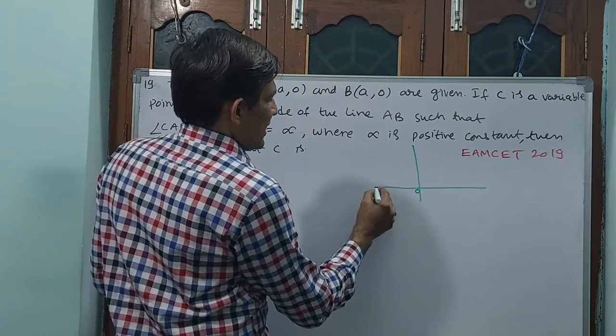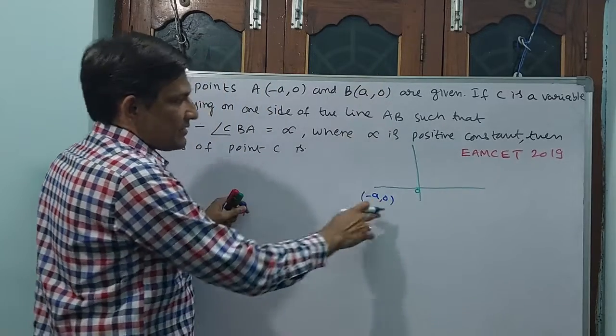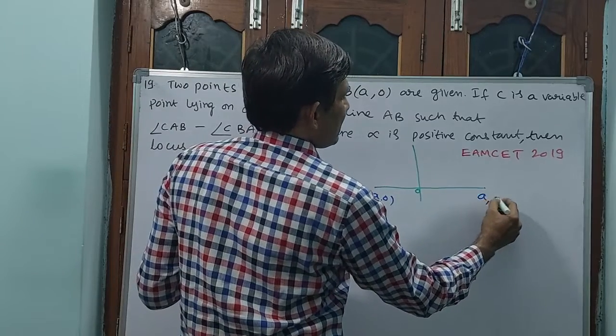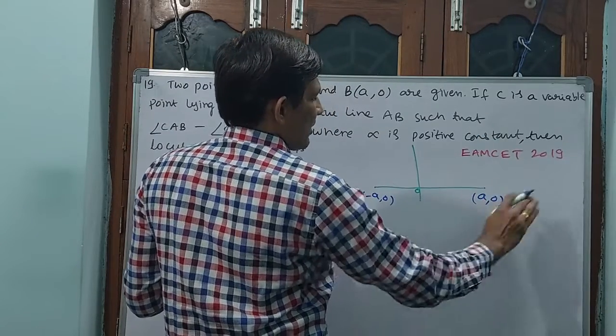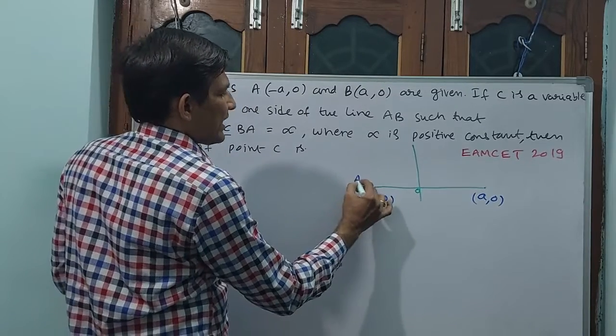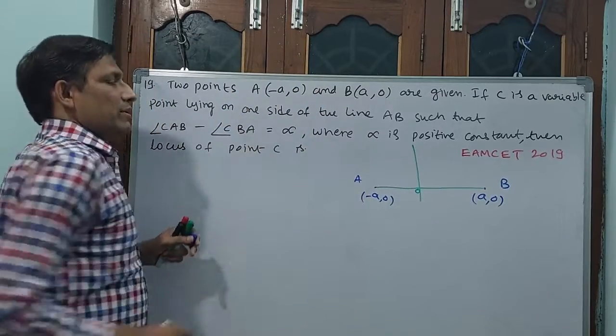Let this be minus a, 0, because the vertical coordinate is 0. Here also this is plus a, comma 0. This point you take as A, this point you take as B.